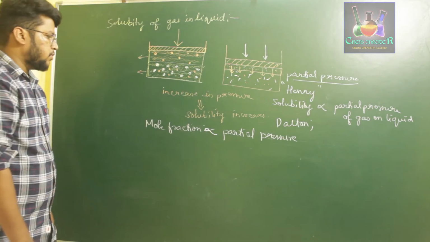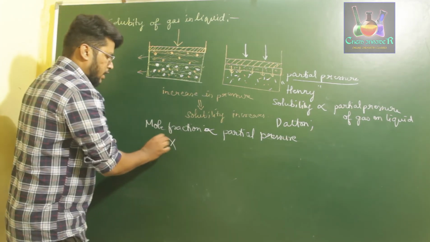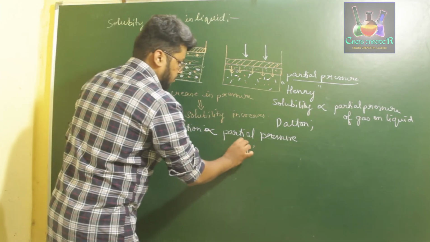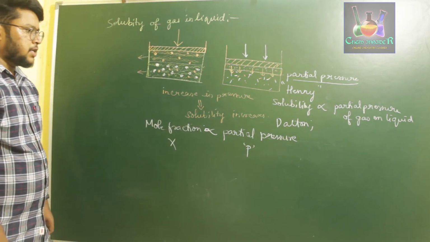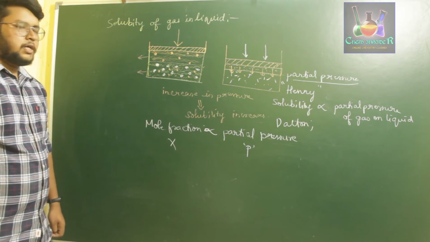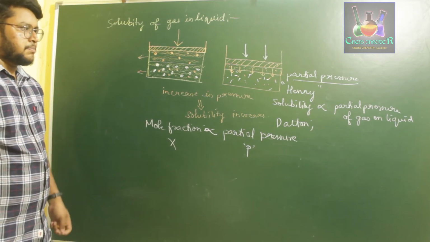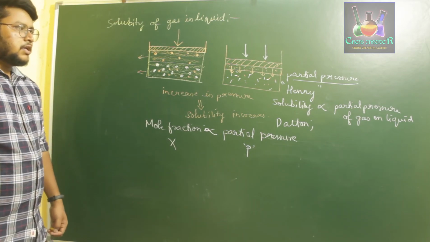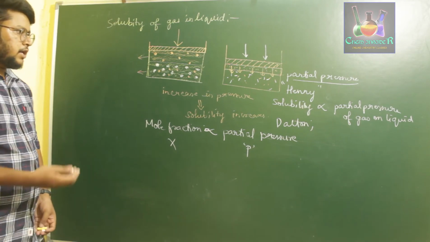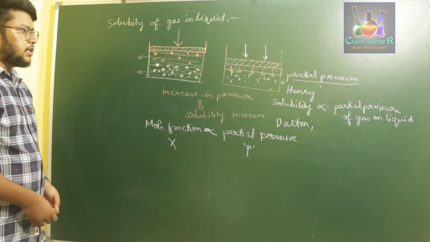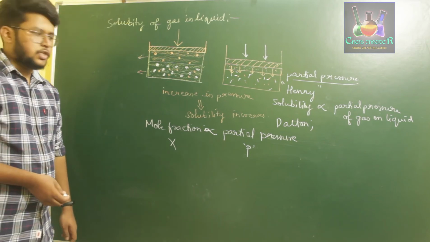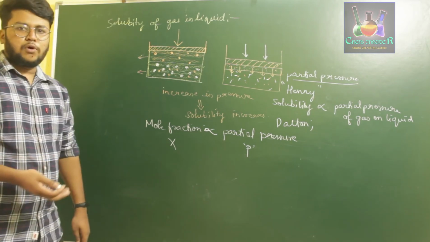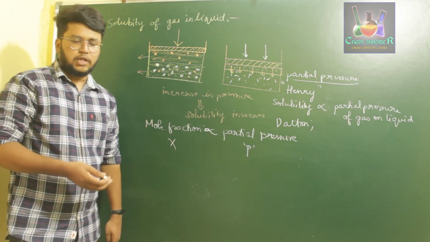So if you consider mole fraction as X and partial pressure as P, and solubility and partial pressure as P again, we converted Henry's law and Dalton's law accordingly and said that instead of taking two different fractions, we can say that partial pressure is directly proportional to the mole fraction of the gas present in the liquid.